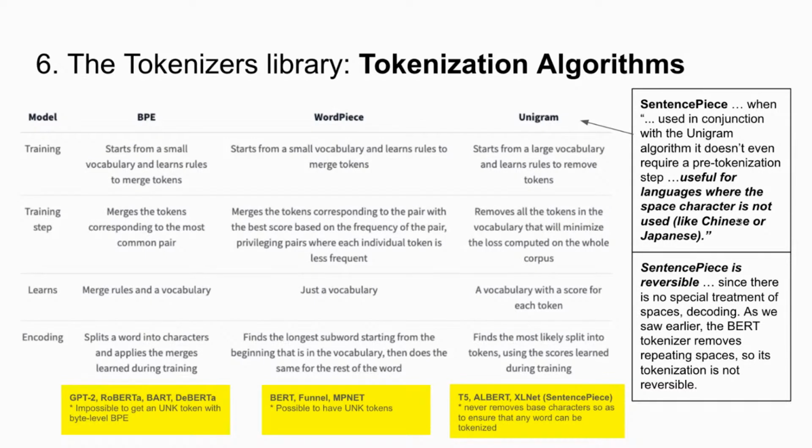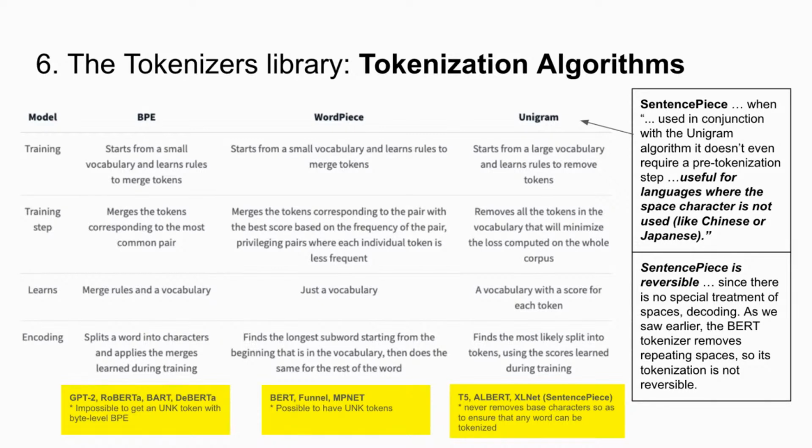And then also, there's two nice things with using SentencePiece based tokenizers. One, because it doesn't have a pre-tokenization step, it's really useful for languages where the space character isn't used. So if you are using something like a Chinese or Japanese corpus or something similar where spaces aren't used to denote words, SentencePiece could be the right place to look.